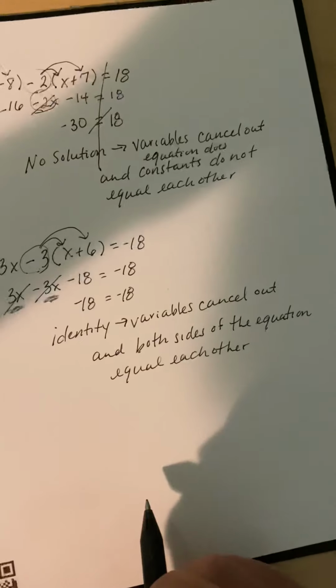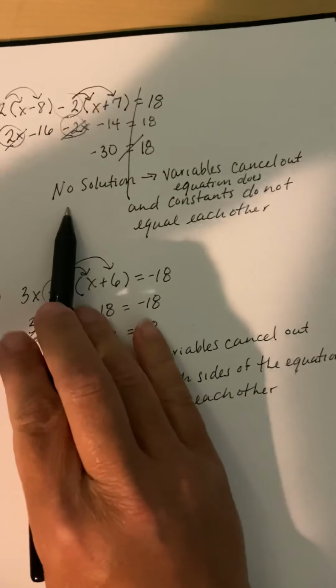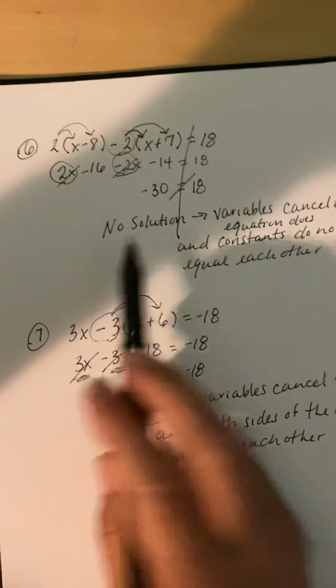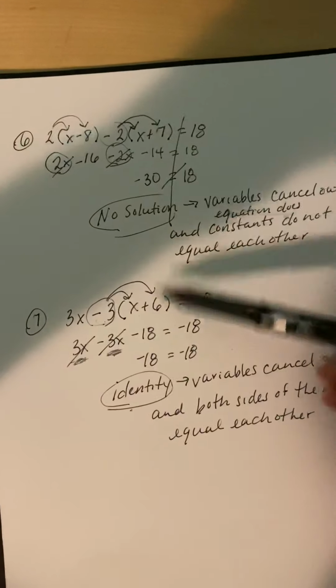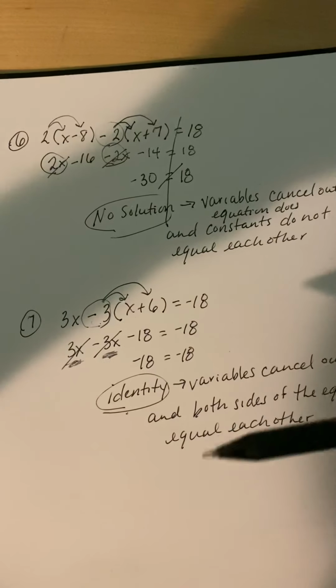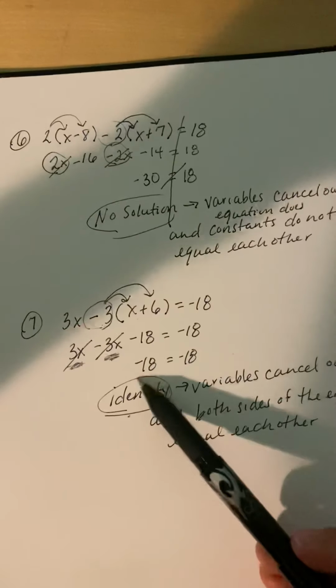And you have an identity in this case. So number 6 was a no solution, and number 7 is an identity. Notice both of them have variables that are completely gone. They cancel out. One of them, they don't equal each other. The other one, they do.